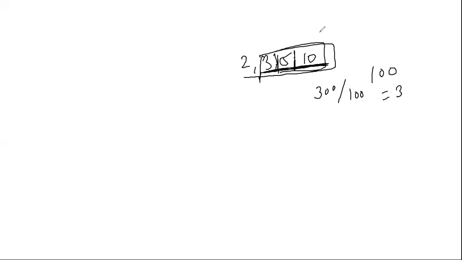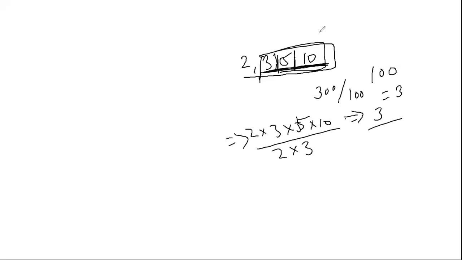So earlier I was trying to do 2 into 3 into 5 into 10, and then divide it by 2 into 3. Now this has become actually 3, right? So if I have this one and this value 2 into 3, it will give me something totally useless, 1 by 2. So it will not work.